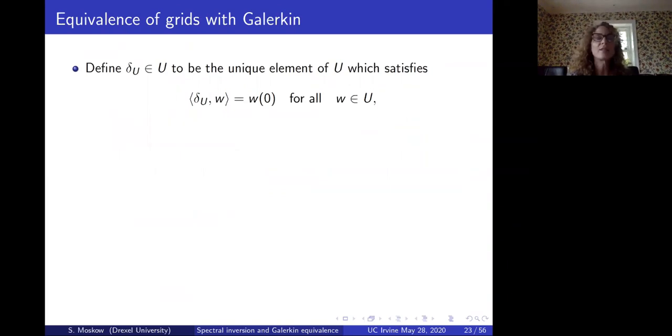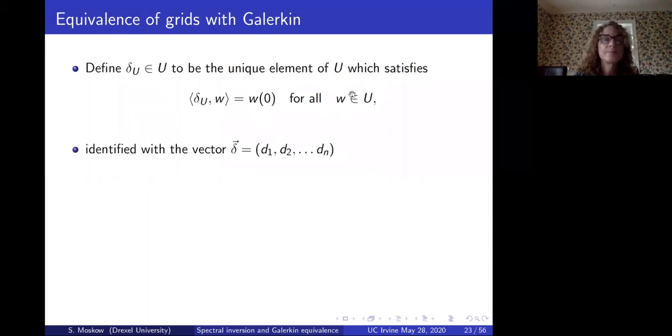Imagine we take a delta function as a linear functional and project it onto the subspace U, in the sense that we find the element of U which acts like a delta function. So there's a unique solution to that. Find the delta sub U, I'll call it, which when integrating against any W in the space gives W at 0. So we can identify this projected delta with some coefficients, I'll call them D's.